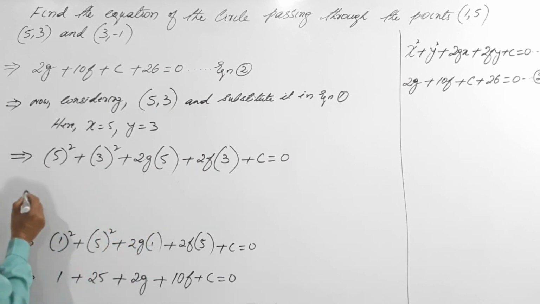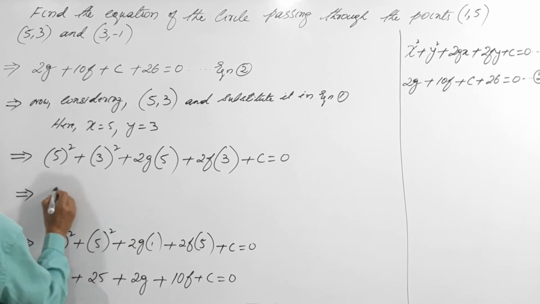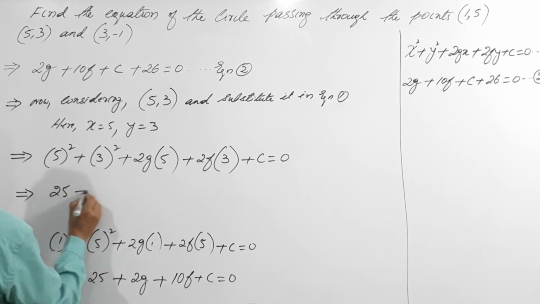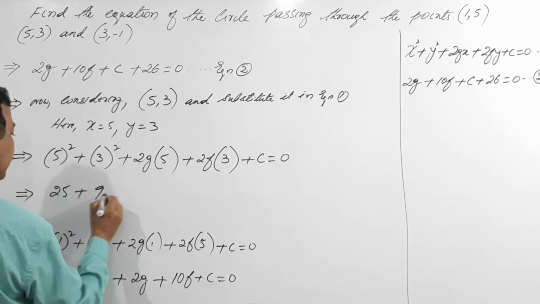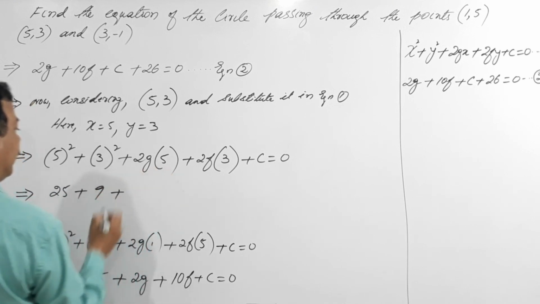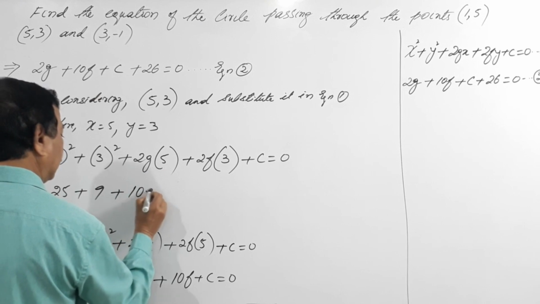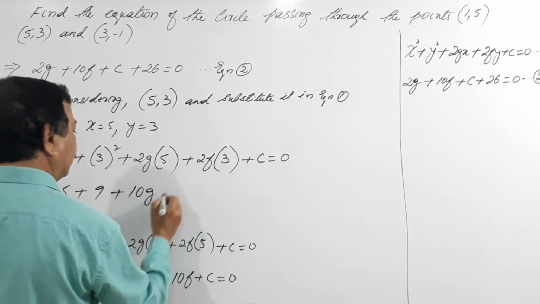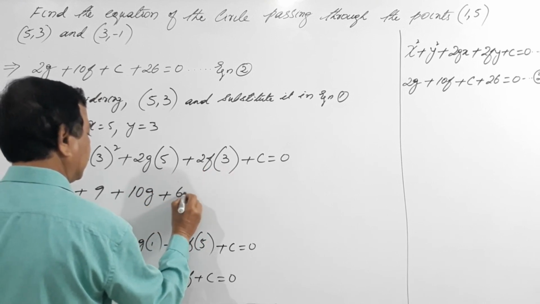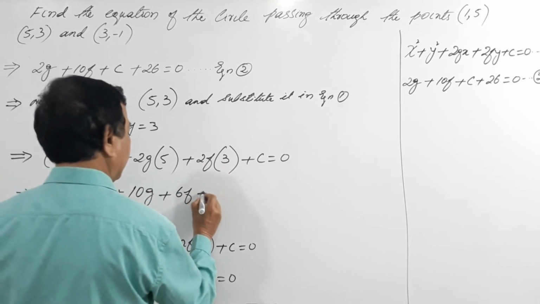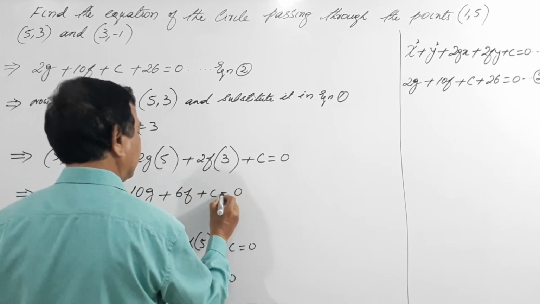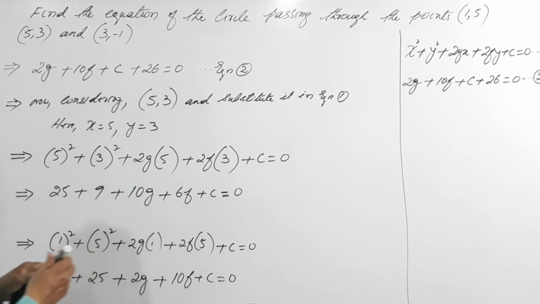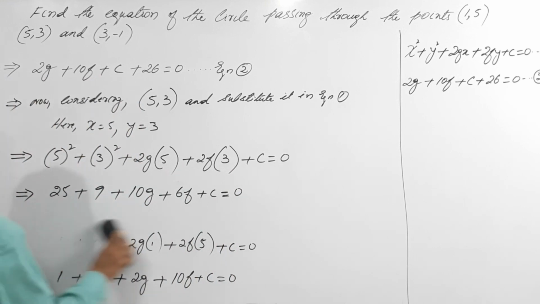This becomes 5 square is 25 and 3 square is 9, plus 2 into 5 is 10g, 3 into 2 is 6f, plus c equals to 0. So let's rearrange it.